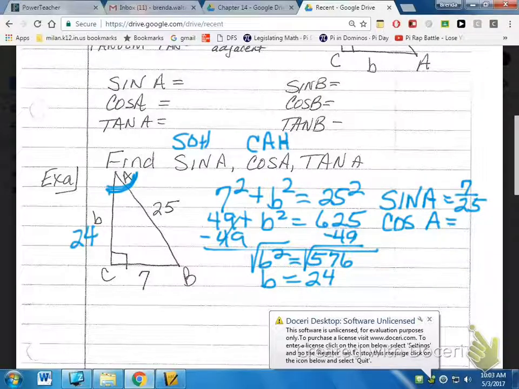Adjacent over hypotenuse, so adjacent to A would be 24, and hypotenuse 25, and you're going to leave it 24/25. And then finally tangent of A, and you're going to say, all right, TOA, opposite over adjacent. So looking at angle A, what's opposite? 7. And what is adjacent? 24. 7 over 24. All right, for that, yep. Any questions?